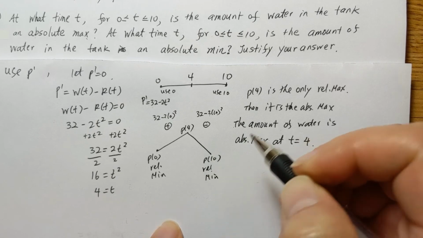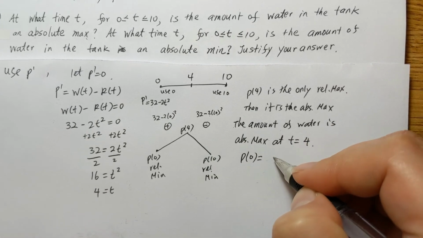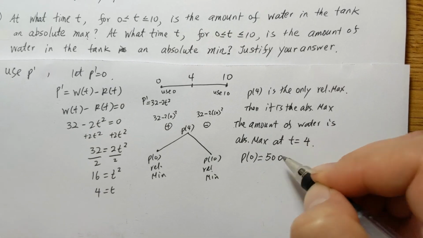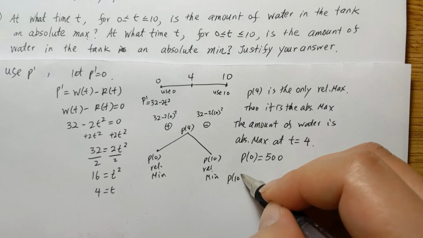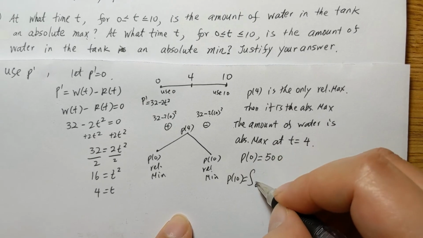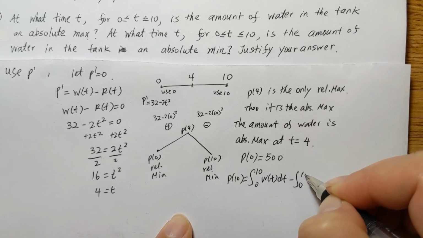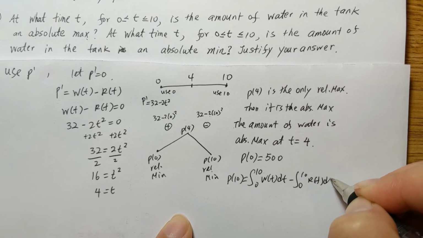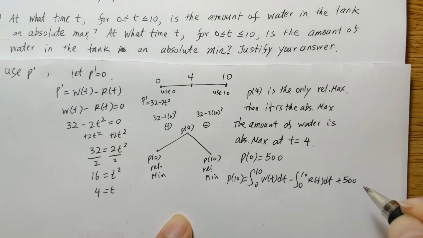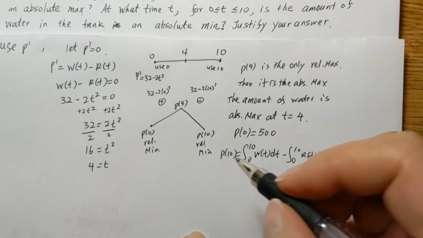Then we have to compare. So P of 0 equal to 500. And then we have to find P of 10. So we got the integral from 0 to 10 of W(t) dt minus the integral from 0 to 10 of R(t) dt plus 500. That's the initial amount.